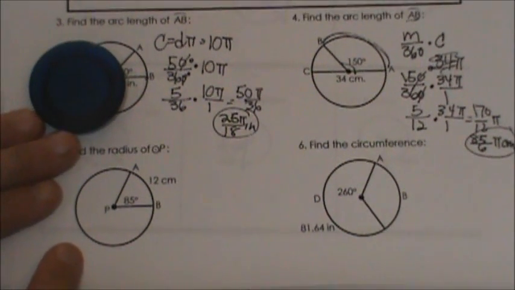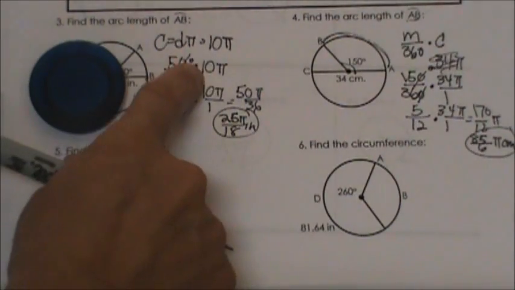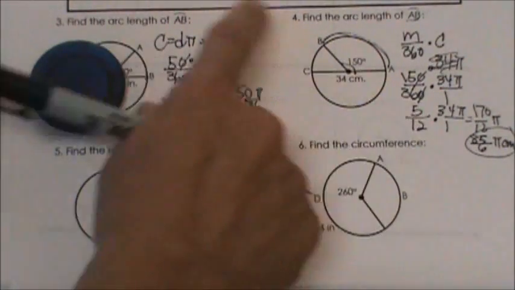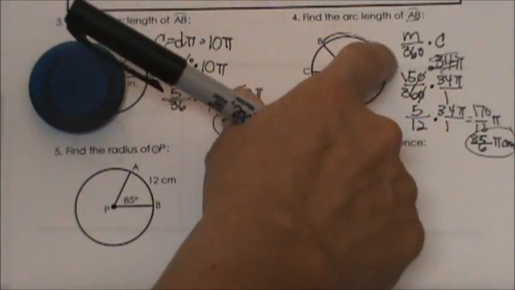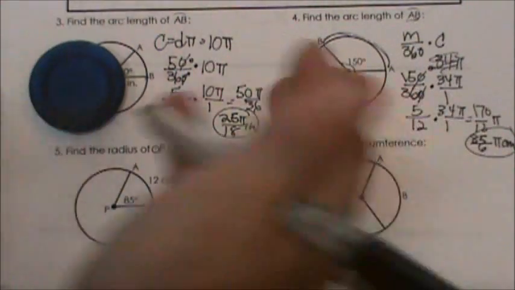Now, I'm going to show you a little trick for the backwards problems that basically takes the formula and just makes it a little bit simpler. Okay, I'm going to show you a proportion, and this always works if you've got a backwards problem. Now, these first two were forward problems. We were finding the arc length. So anytime you're just going forward and finding arc length, you can just use that formula.